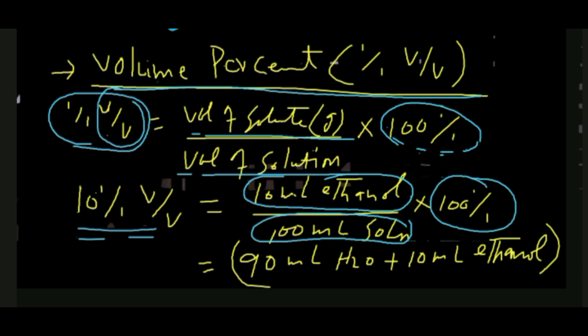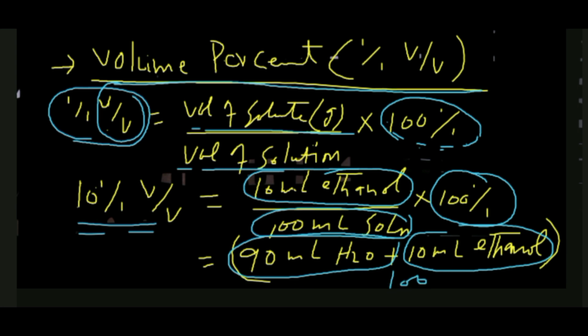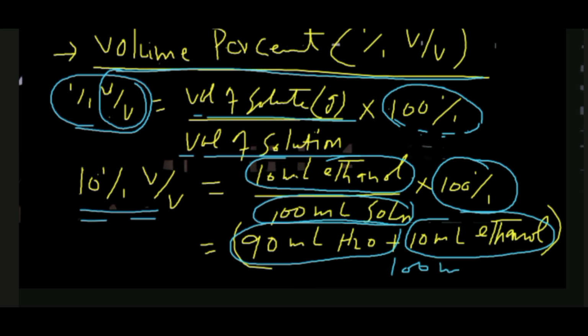So it actually means that we have taken 10 ml of ethanol, and the same has been dissolved in 90 ml of water. So the total volume becomes 100 ml. So therefore we can say that this is the solution, a 100 ml solution. So here is also the volume of solution, which is 100 ml.